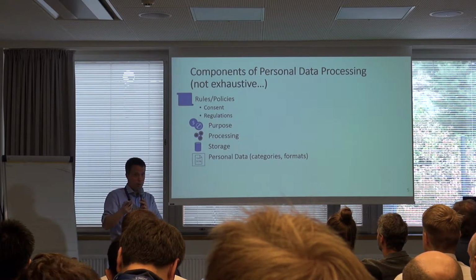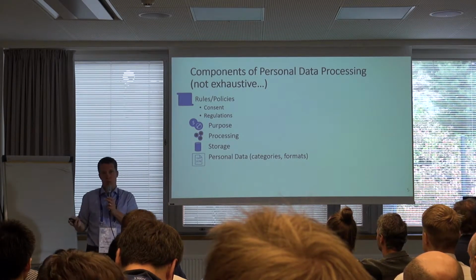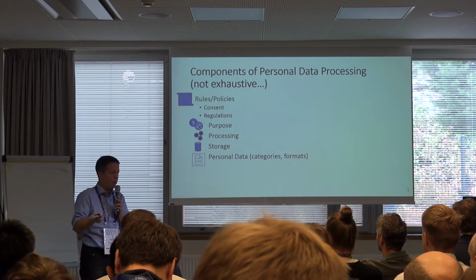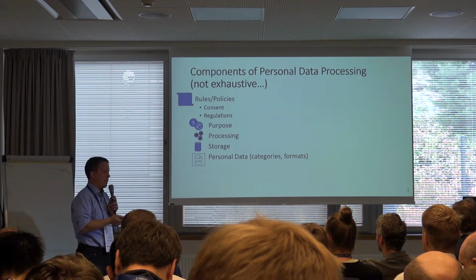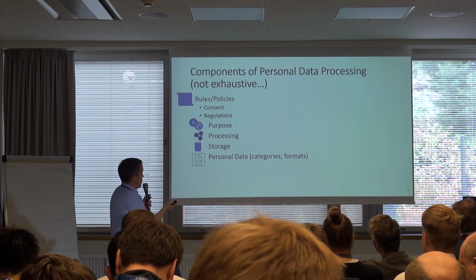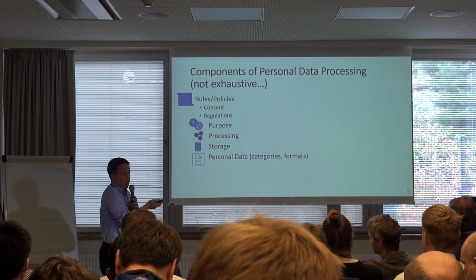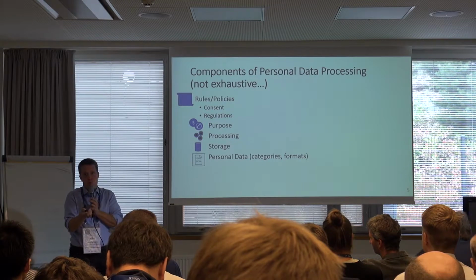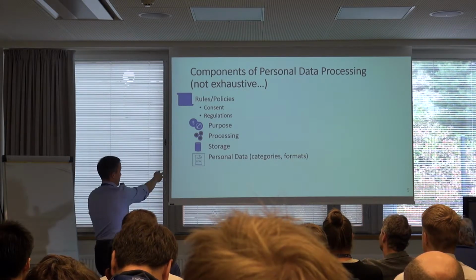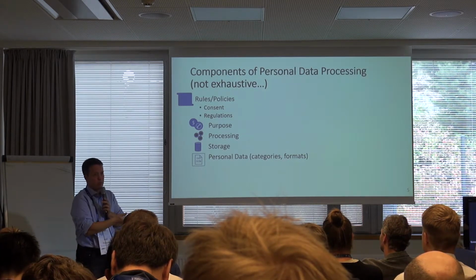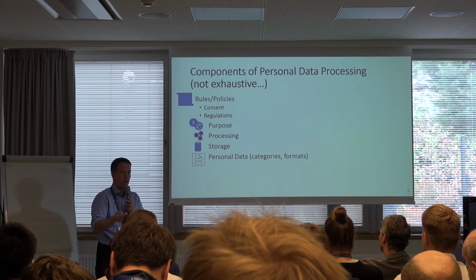It allows certain processing, and you have to say something about storage, how long you store data, where you store it, etc. And then also which categories of personal data is an important category. So what do you store, what kind of data? For instance, this GeoJSON I just wrote here, that's just one format to share location data.